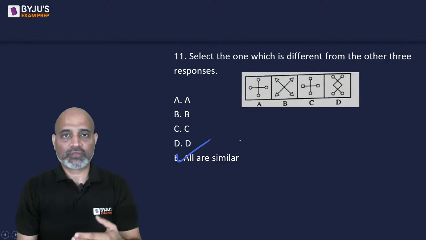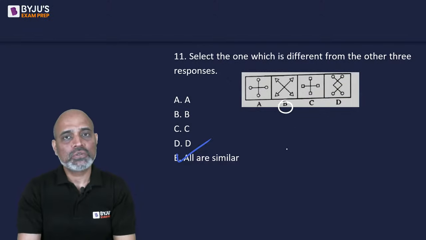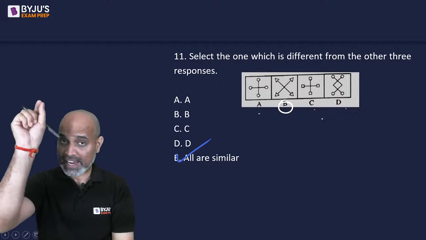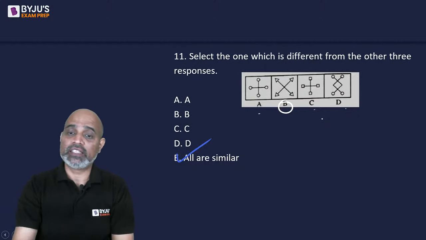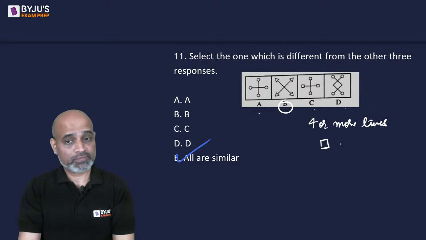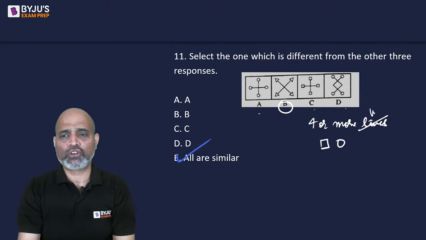Think about this. If I tell you B is the answer, why? Because ACD, the end points of each segment, they are made up of 4 or more lines. मतलब स्क्वायर या सर्कल से बना हुआ है, या फिर मैं बोल सकता हूं कि 4 or more vertices हैं.